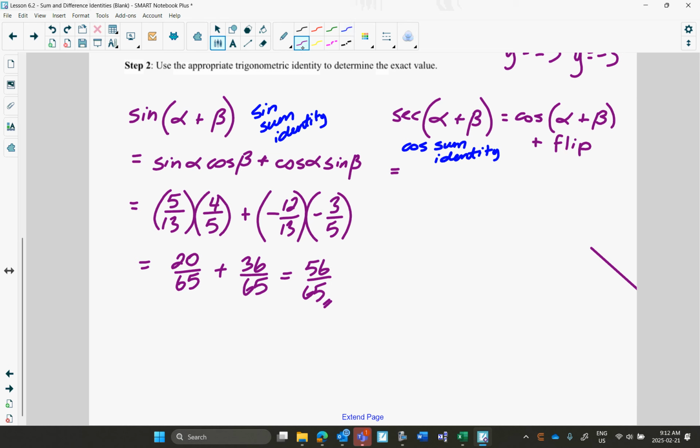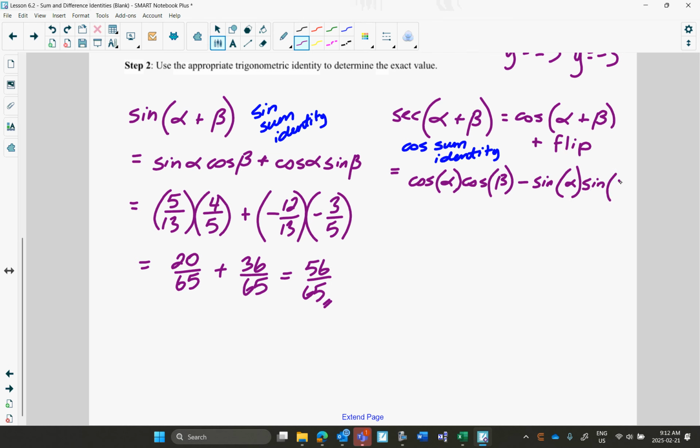So going to that, it's the cos of the first one, alpha, times the cos of the second one, beta, minus sine of the first one, alpha, times sine of the second one, beta.